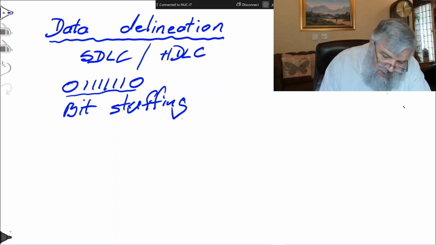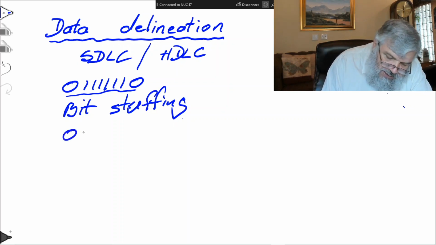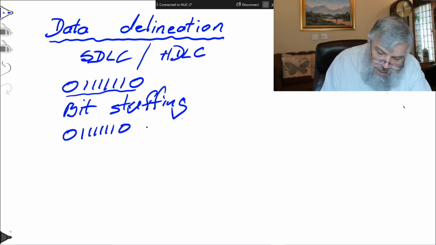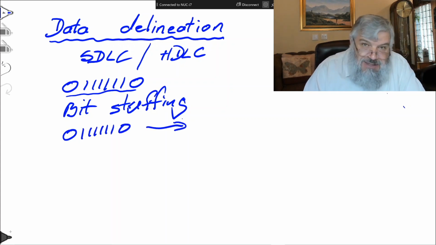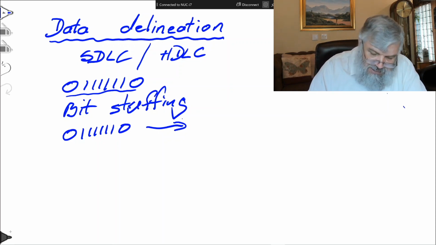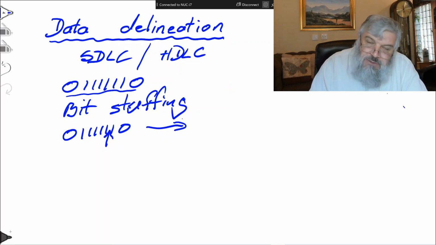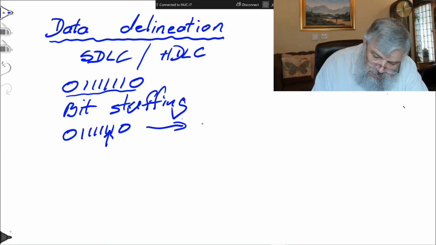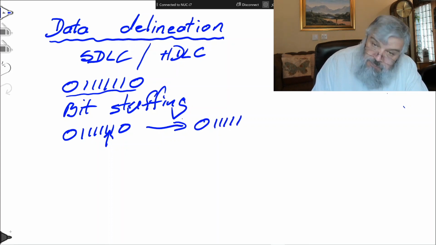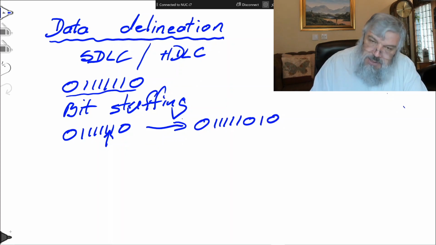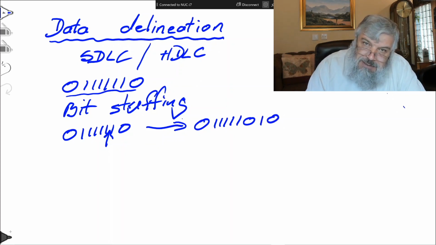So clearly, if in your data you have something that looks like a flag, so six ones and a 0, and you send that out, so this is now part of the data, between 2 flags, then at that position, after the 5 ones, it will insert a 0, so it would be 0 and then 5 ones, the inserted 0, then the remaining 1 and 0 that we had from the original data pattern.